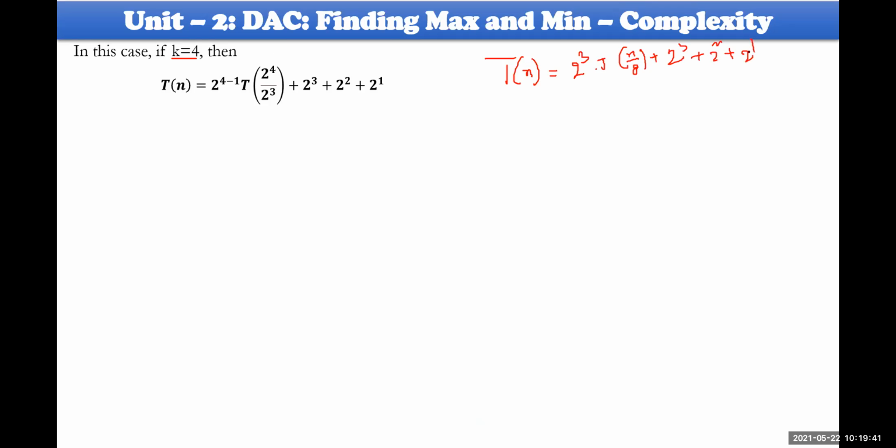This is the actual equation just before. So substitute k equal to 4; if k equal to 4, the number of recursive calls will be k minus 1.